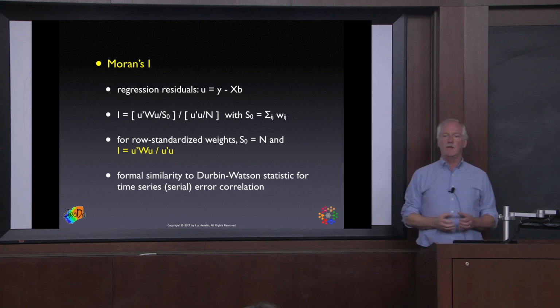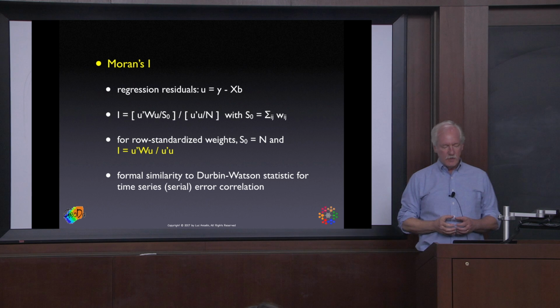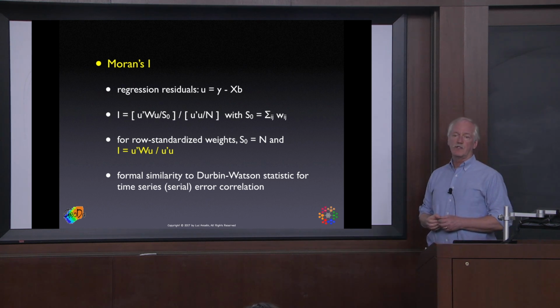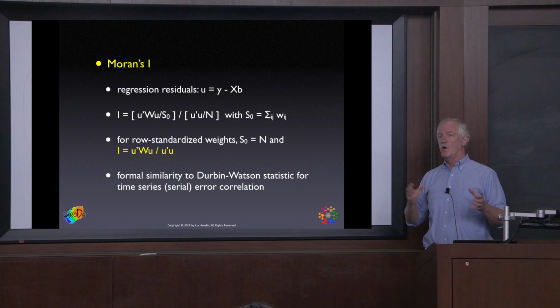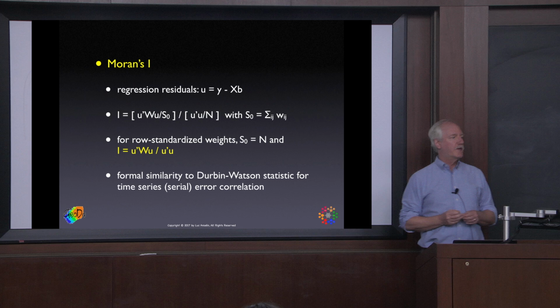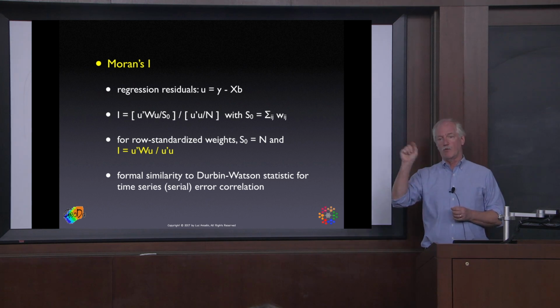And what do you divide it by? This strange term S0, which is the sum of all the weights in the spatial weights matrix. Now, if we have a row-standardized weights matrix, we already talked about this, what is the sum of all the weights? N. Because each row sums to 1, and there are n rows.